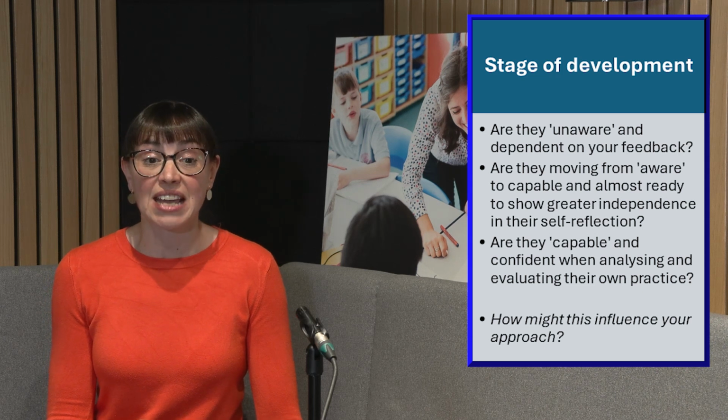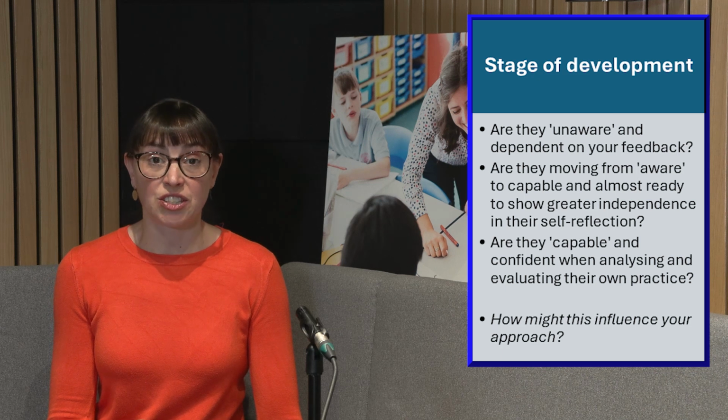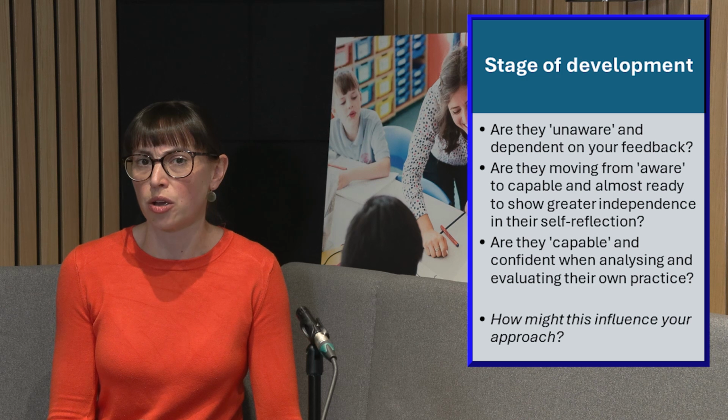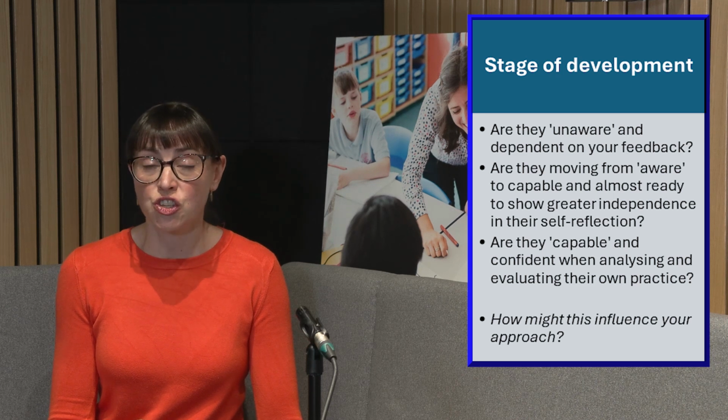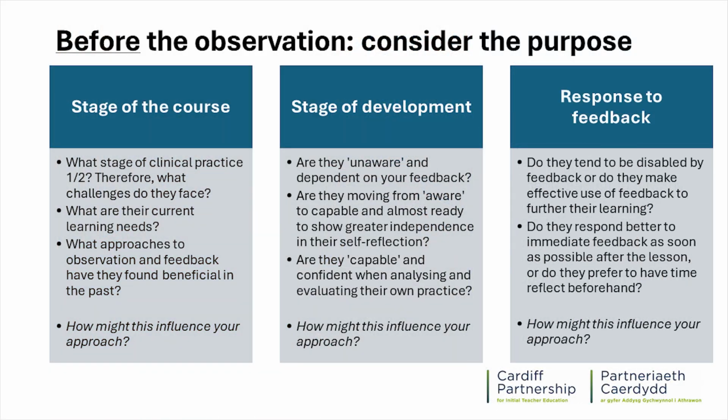Or are they already capable and confident when they're analysing and evaluating their own practice? And therefore, are you going to need to change your approach and your relationship with the student teacher as a learner when you're approaching observation and feedback as a consequence?